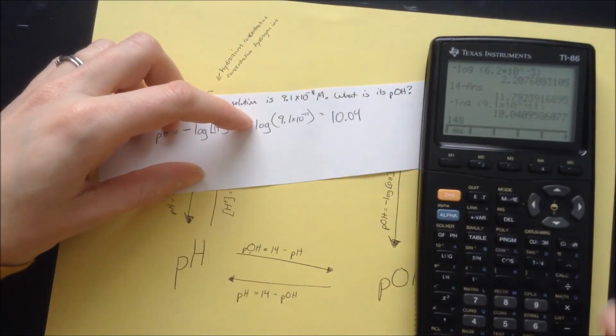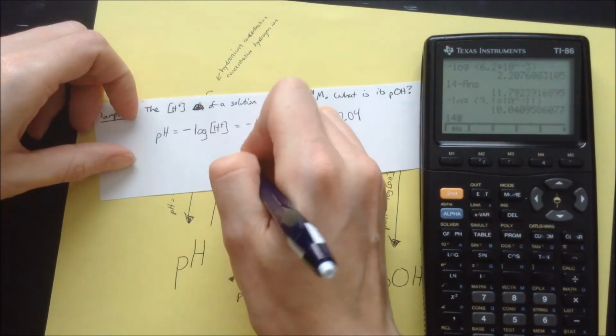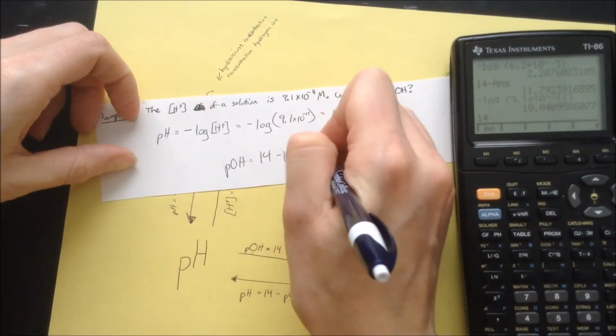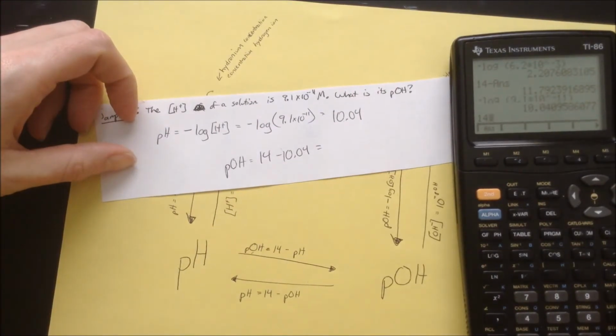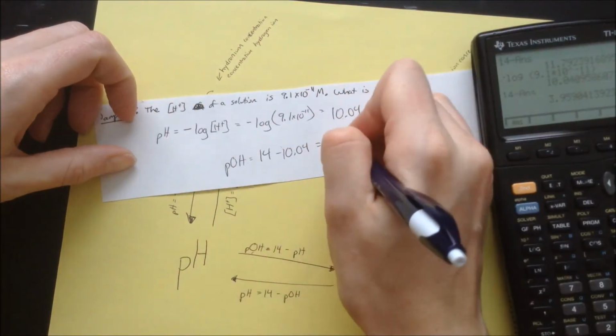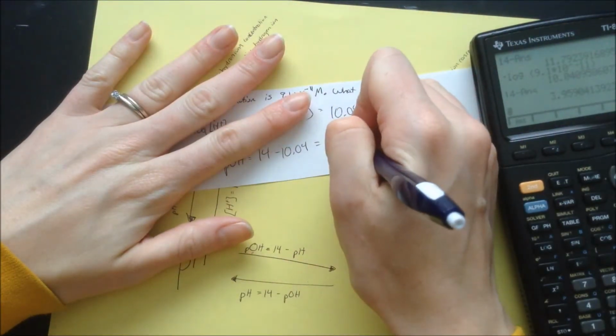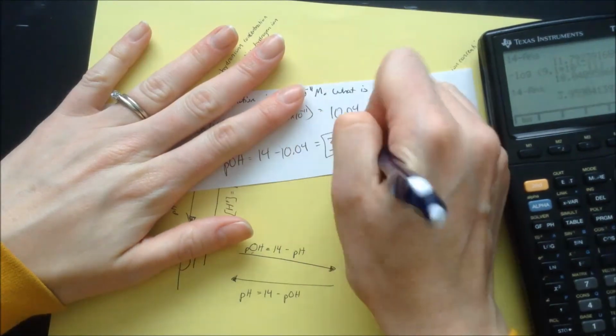And so to find my pOH, remember it's the difference between 14 and that. So I'm going to do 14 minus my answer, and I get 3.959, that rounds up to 3.96. Okay, so there's my pOH.